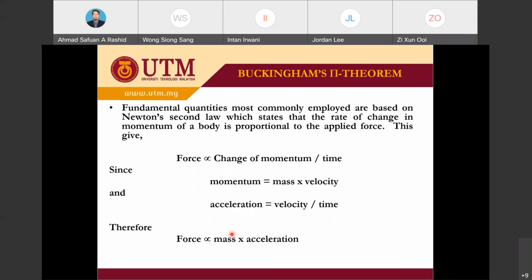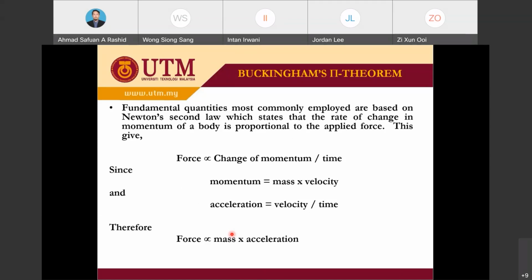The fundamental quantities most commonly employed are based on Newton's second law, which states that the rate of change in momentum of a body is proportional to the applied force. So force is proportional to change of momentum over time.